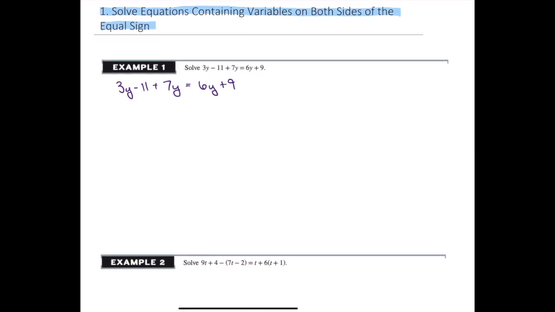In this case, our variable is y, and we have 3 of them, and they're on both sides of the equal sign. And what is this question asking us to do? It's wanting us to solve.